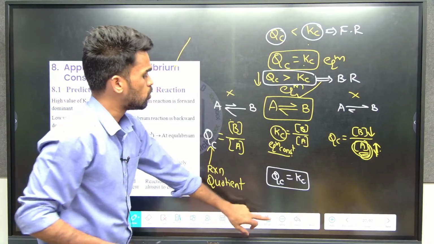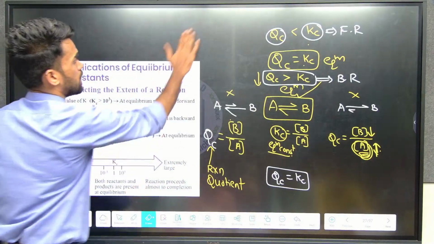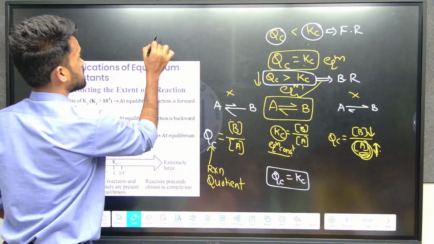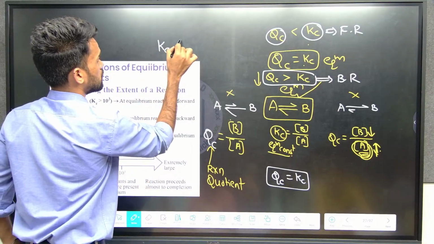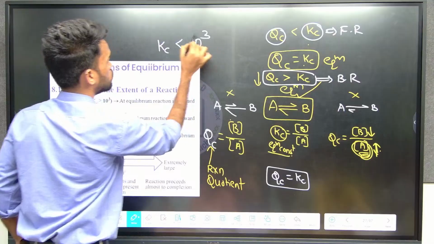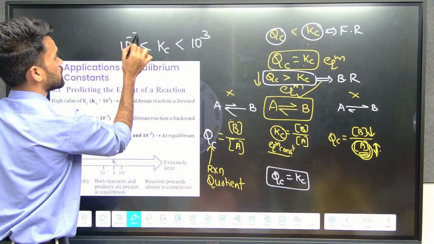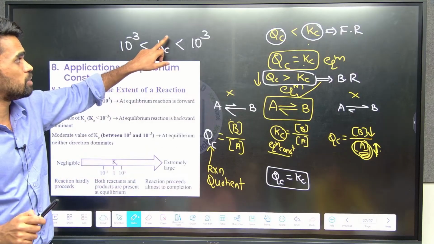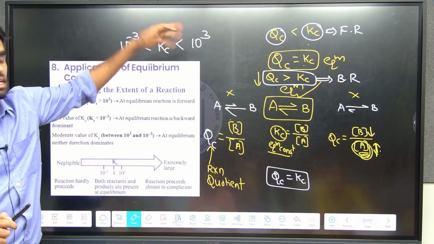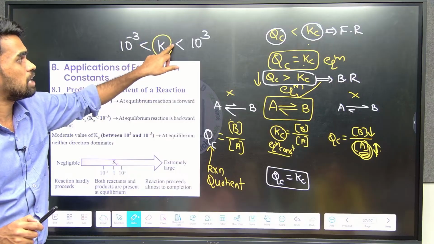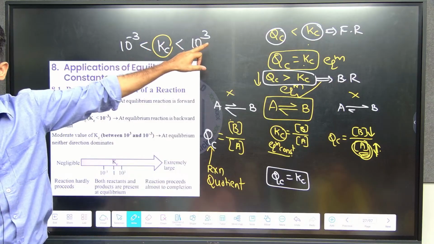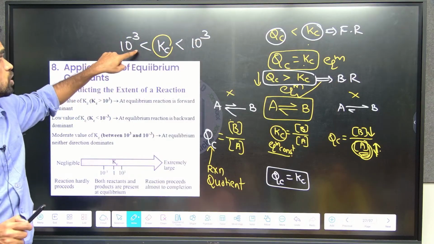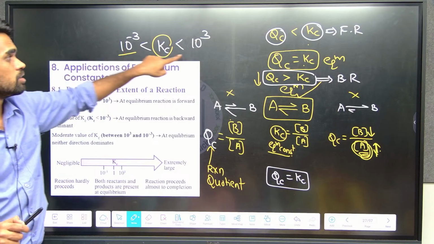Now, for most equilibrium reactions, the Kc value lies between 10 power minus 3 and 10 power 3. For an equilibrium or reversible reaction, the Kc value lies between 10 power 3 and 10 power minus 3. So what is the lowest value and the highest value?